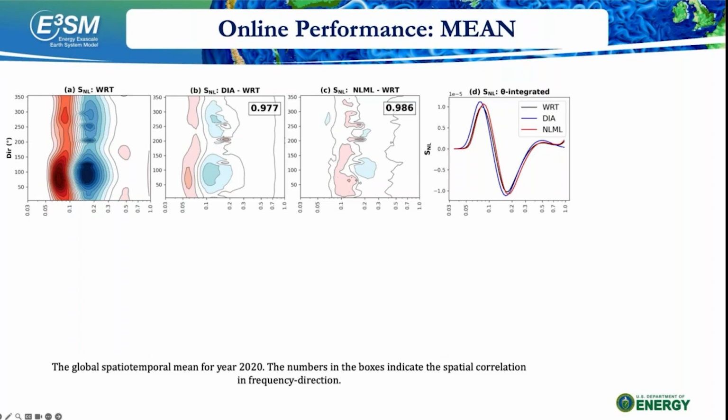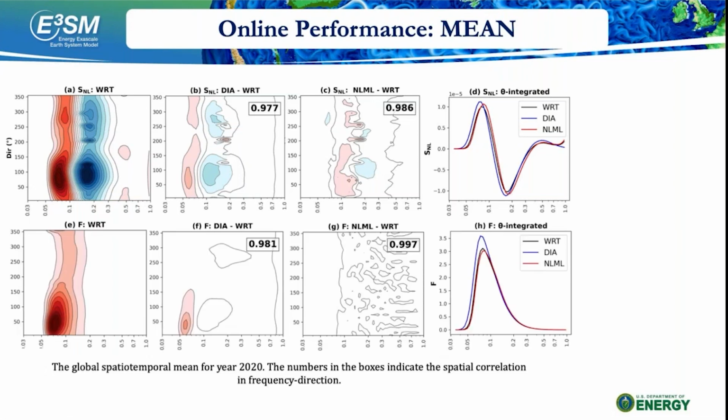The last figure here is showing the direction integrated spectral nonlinear interaction. We can see that there's a large shift between DIA and WLT. But when you compare that with the ML model, our ML model closely matches the peak. And also at the tail here, we can see that our ML model matches the tail of the WLT compared to DIA. The second figure here is just showing the spectral energy.